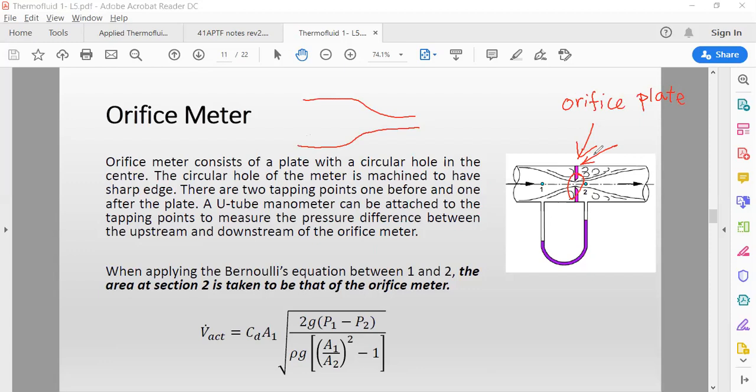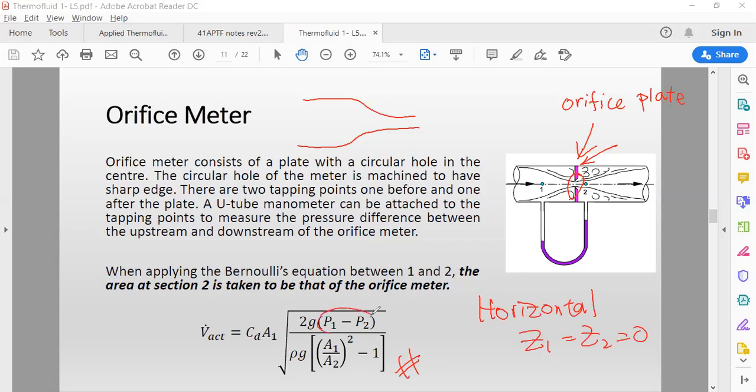Since the principle is the same, for a horizontal orifice, horizontal means what? Z1 equals Z2, which equals 0. You see, the formula is exactly the same. So I don't need to derive it anymore because it's the same formula for the horizontal one. Everything is exactly the same.